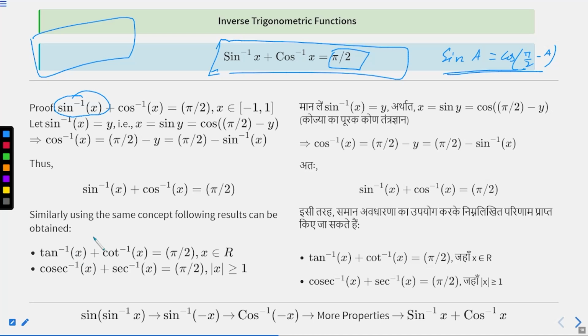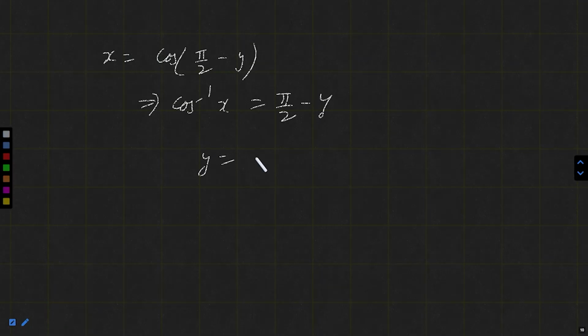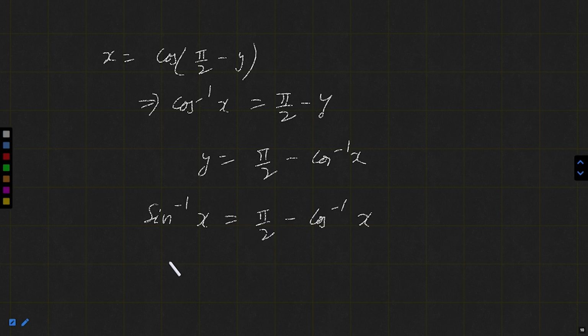So y will be pi by 2 minus cos inverse x. We started with sine inverse x equal to y, and the value of y is pi by 2 minus cos inverse x. From this, sine inverse x plus cos inverse x is equal to pi by 2.